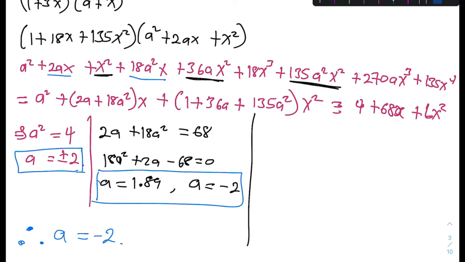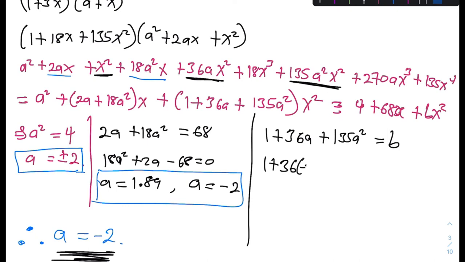Okay, now we are about to look for b. Well, compare the coefficient of the x² terms. So that means that we have 1 plus 36a plus 135a² is equal to b. But what is the a that we settled on? Well, we settled on -2. So just put -2 there.